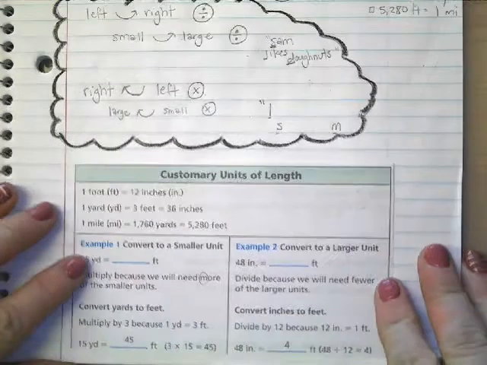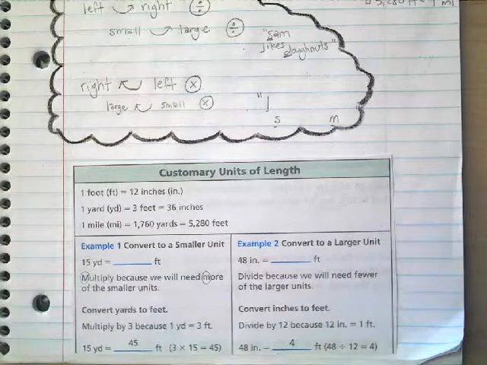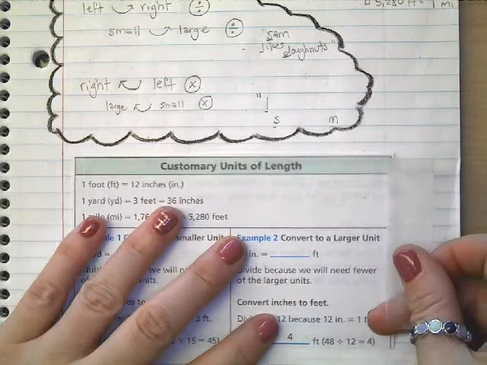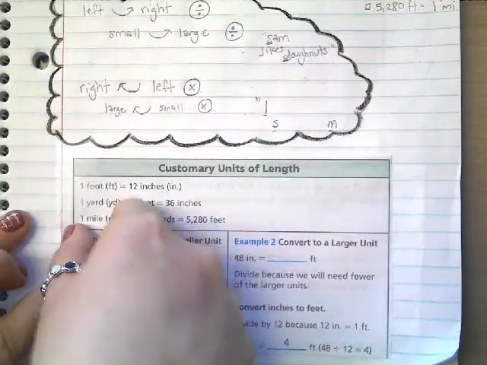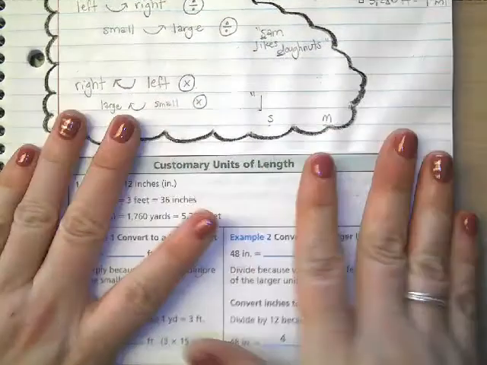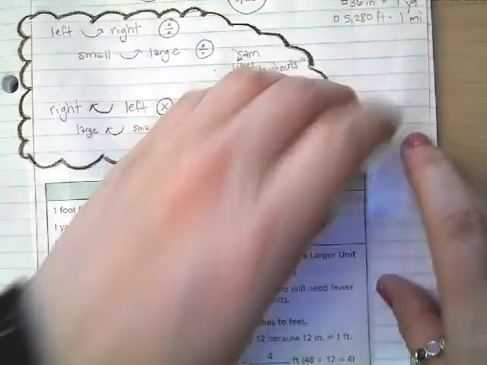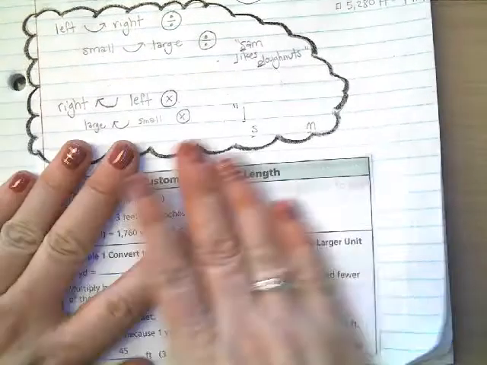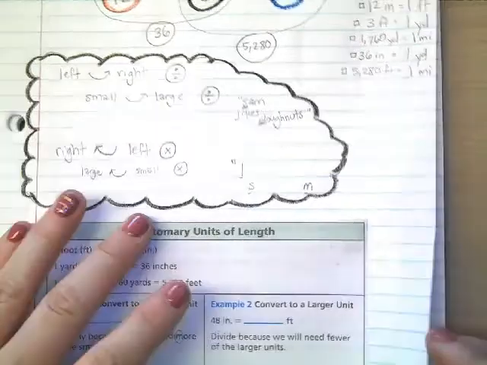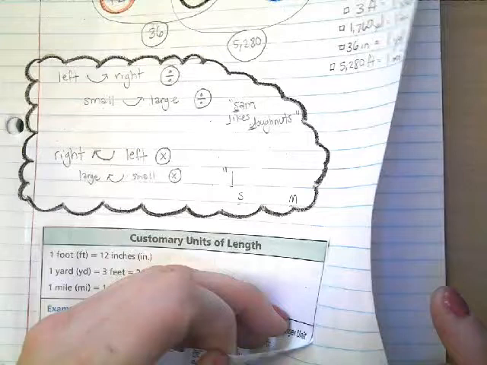Customary units of length. And then I'll get that glued in. And then I'm going to turn the page. And we're going to put the other thing in. So at the bottom of my first journal page of 8.2, I'm going to get that taped in. Or glued in, whichever one you want to do. And then I'm going to turn the page and get that second thing glued in.